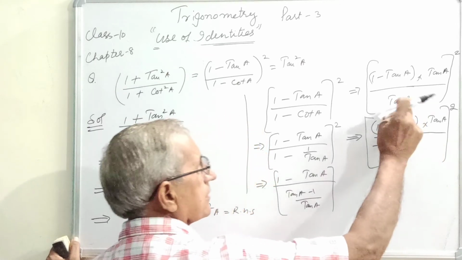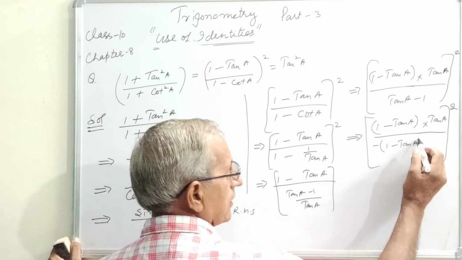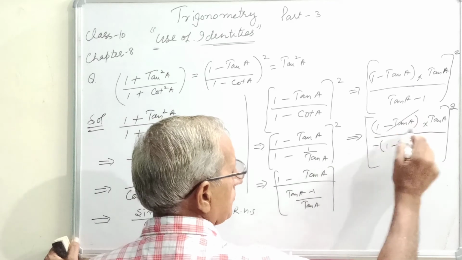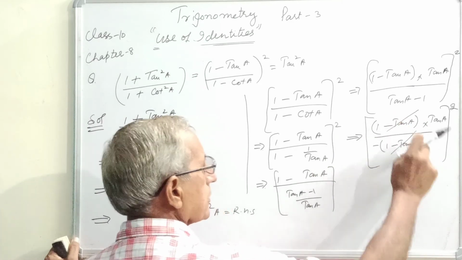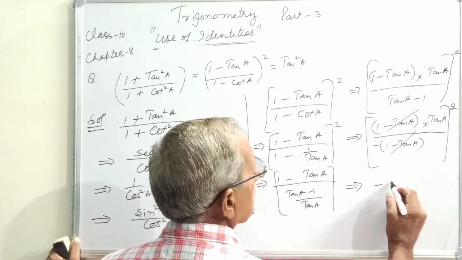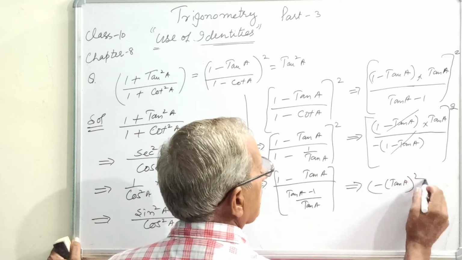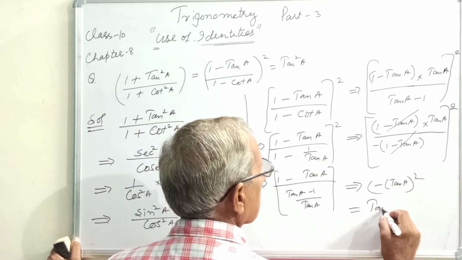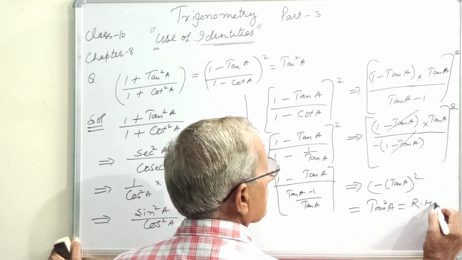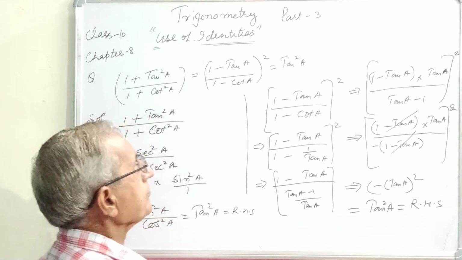We have changed tangent A minus 1 into 1 minus tangent A, keeping minus as common. So these two terms have been cancelled. We have got minus tangent A whole square. So this will be tangent square A, again right hand side. So we have proved all the three terms equal.